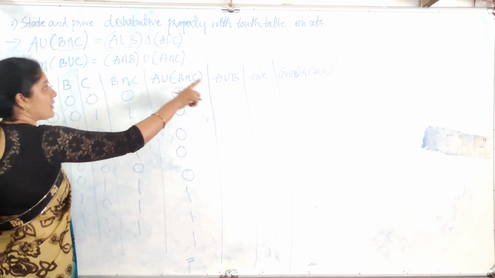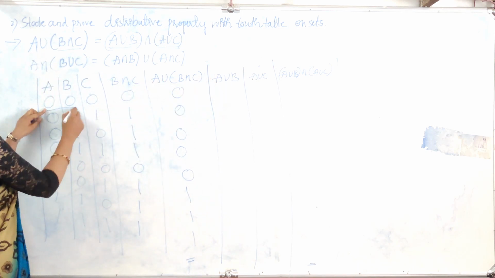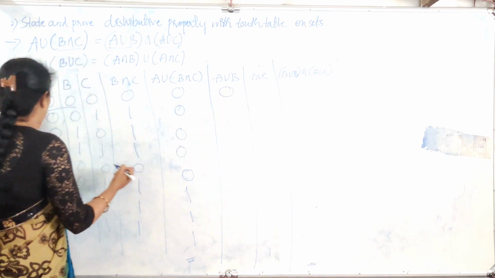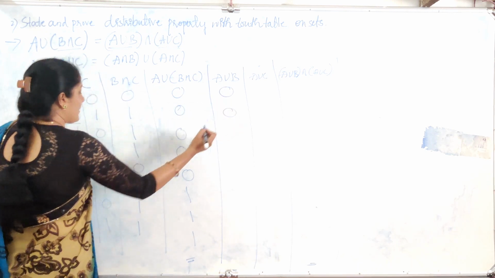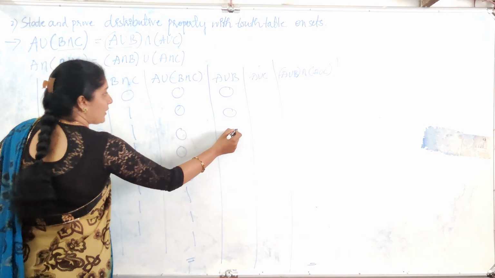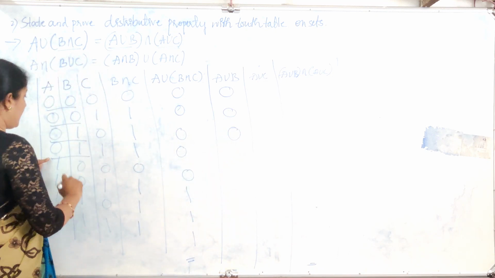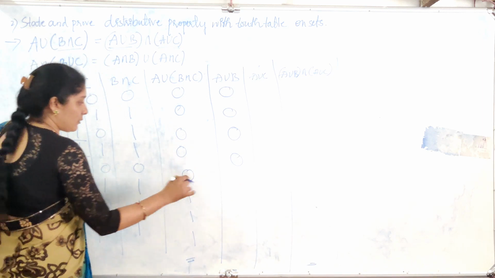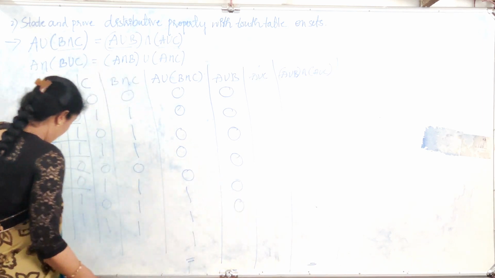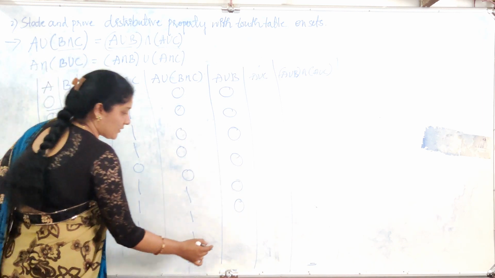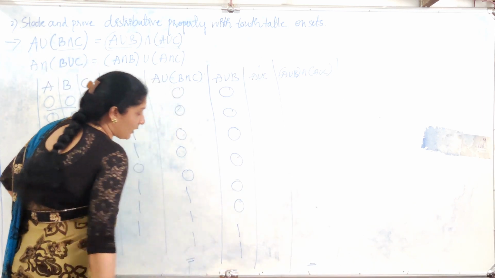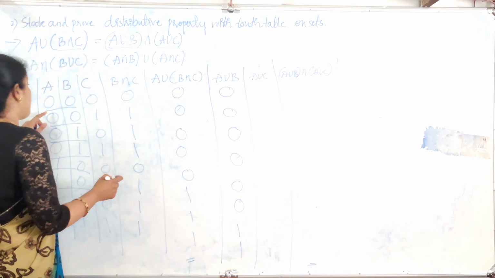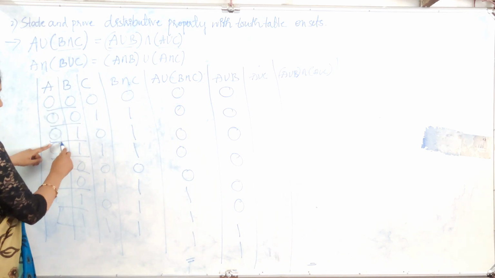Now coming to RHS, first A union B. So A union B 0, next 0. 0 into 1 is 0. Again 0 into 1 will be 0. 1 into 0, 1 into 0. Again 0, 0. Next two 1s. Next A union C. See, first 4 zeros.